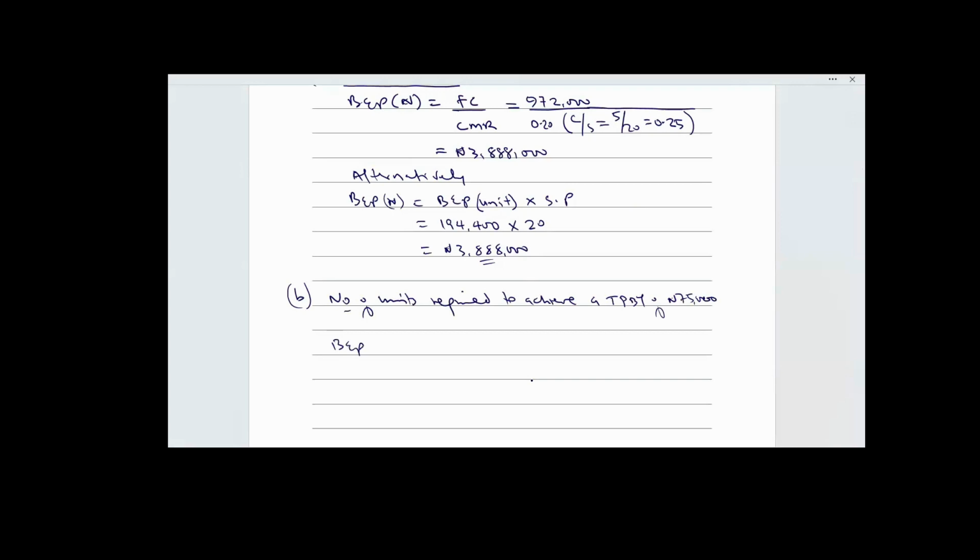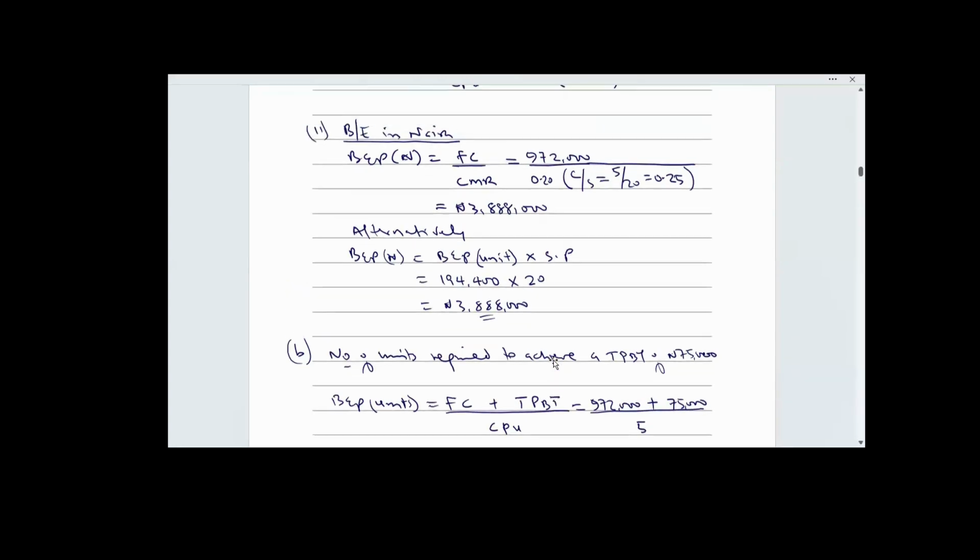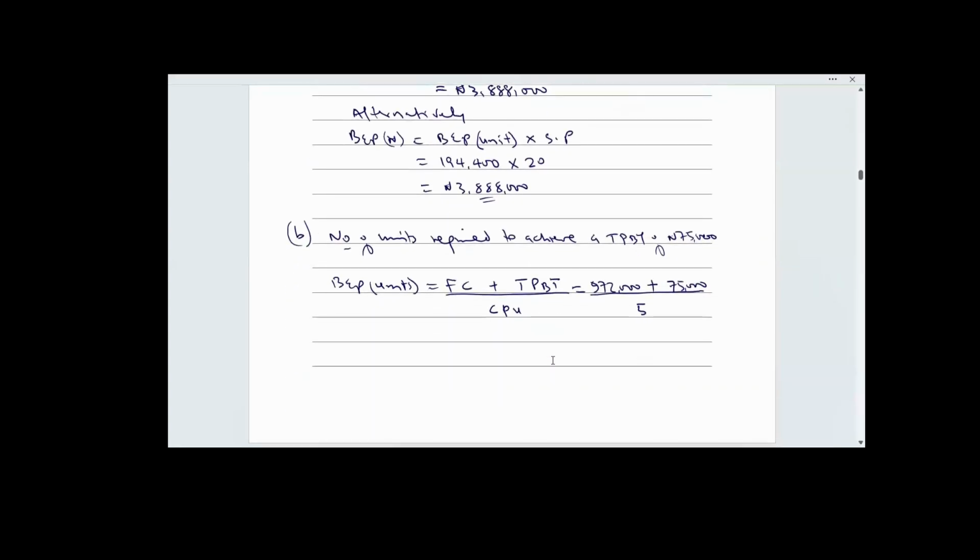Therefore, I would say break-even points in units equals fixed cost plus targeted profit before tax, divided by contribution per unit. Which is equal to 972,000 plus targeted profit of 75,000, all divided by contribution per unit of 5 naira. Yes, it's 5 naira.